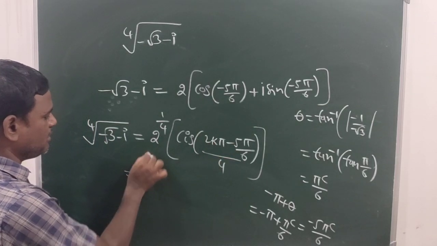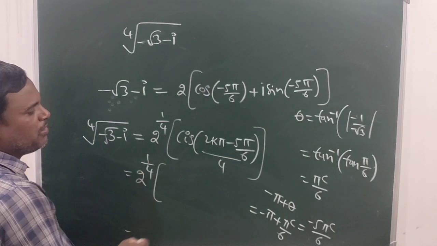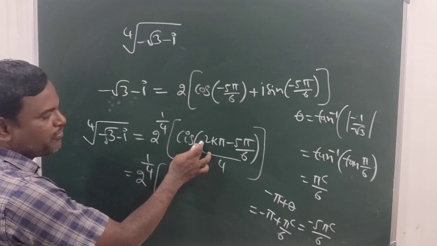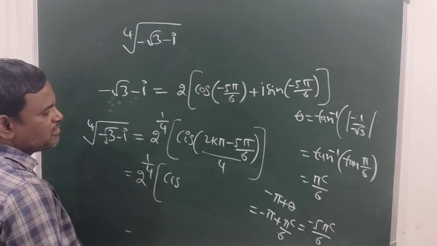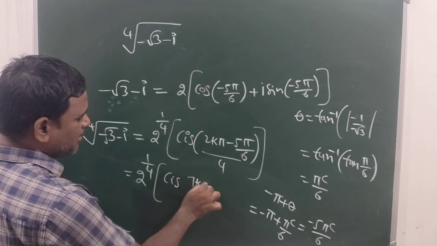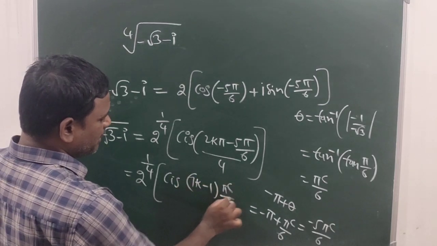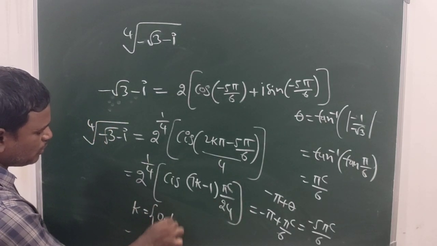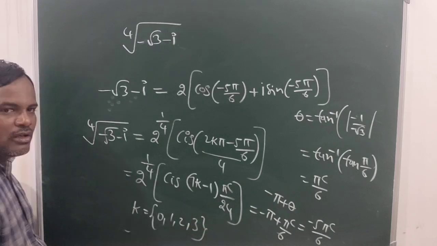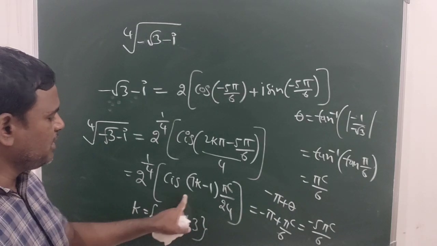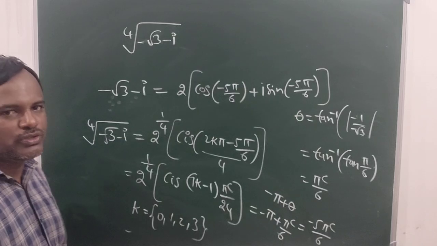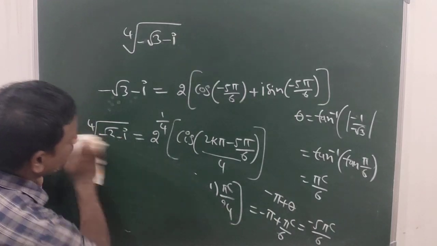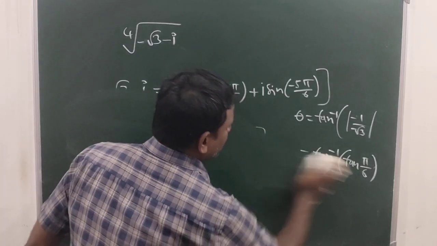After simplifying, this will become 2 power 1 by 4 cis of, 6 twos are 12, 12 minus 5, so 7, so (12k minus 5) pi radians by 24, where k runs from 0, 1, 2, 3. Substitute k equal to 0 to 3, so that you will get 4 solutions. Okay students, right.